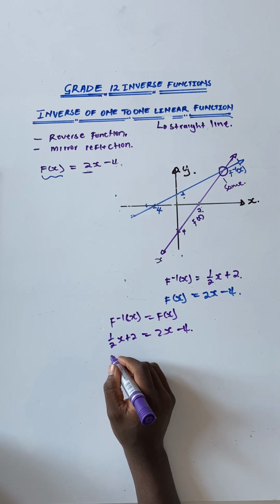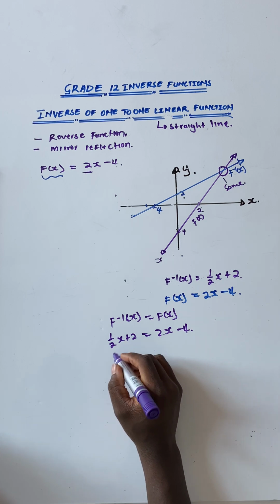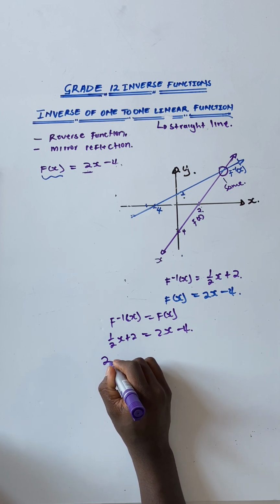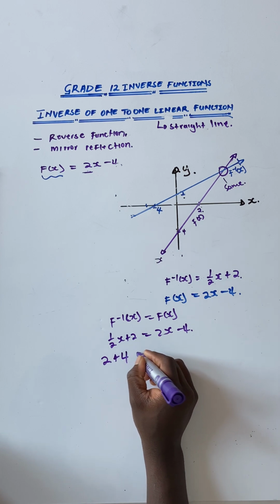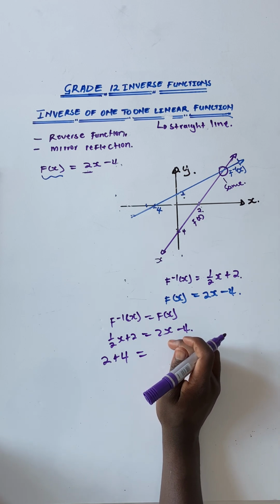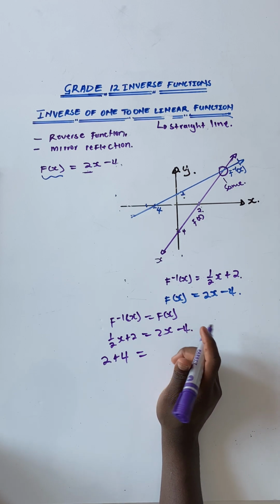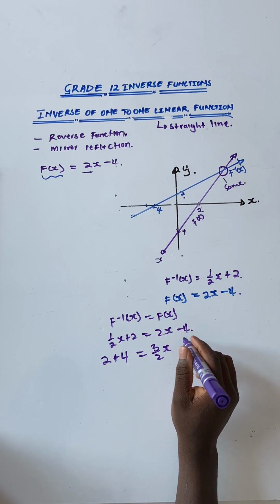Now let us take the 1 over 2 x to the other side. So we'll be left with 2 on this side, then 4 comes to that side. This will be plus 4 is equal to, when 1 over 2 x comes to that side, it becomes negative. So 2 minus a half, that would be 3 over 2 x. Perfect.